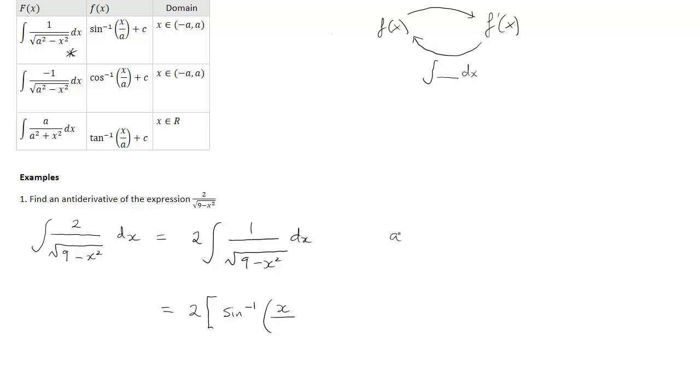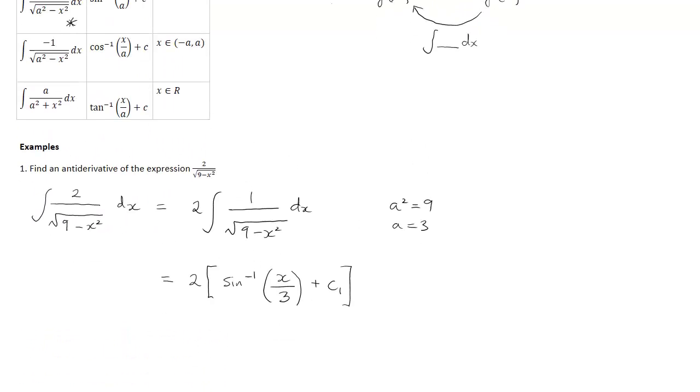Now, a squared was equal to 9, because this is in the form of a squared take away x squared, so a is actually 3 in this case. We don't worry about the minus 3, we just take the magnitude of it. And then you've got the plus c. We can put it in right now, say plus c1, like so. c1 just means some kind of constant.